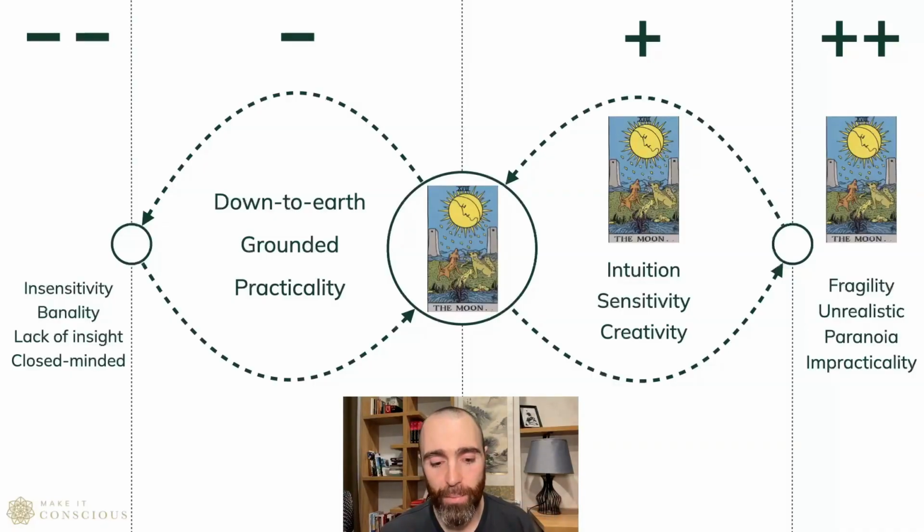Maybe even paranoia, maybe even your mind telling you all kinds of stories about what things mean. Impracticality, we've pretty much covered that. So again, every one of these symbols is bivalent. It contains both wholesome and unwholesome aspects. It can show up in both a positive and a negative form.